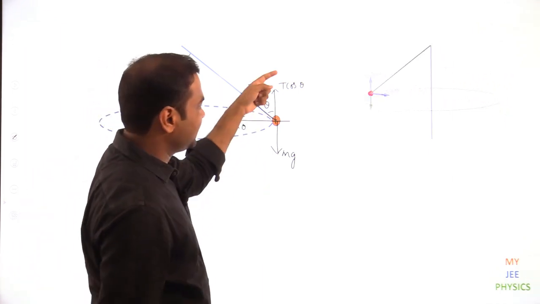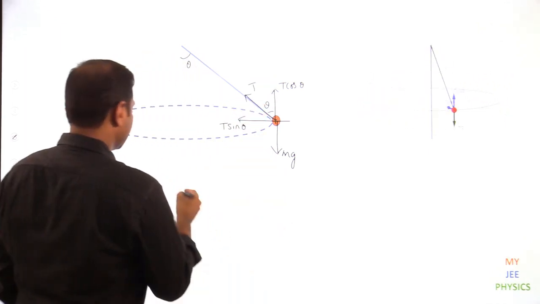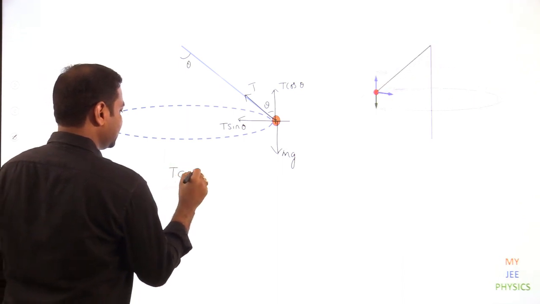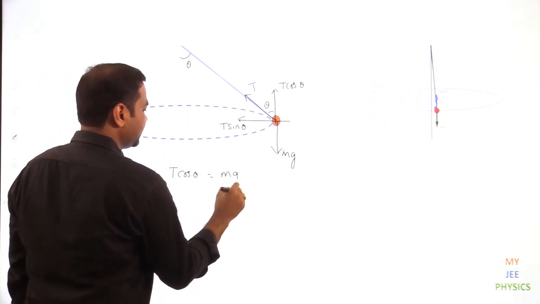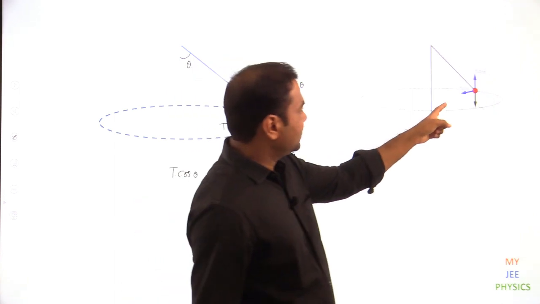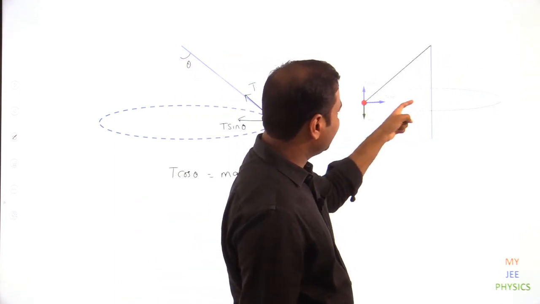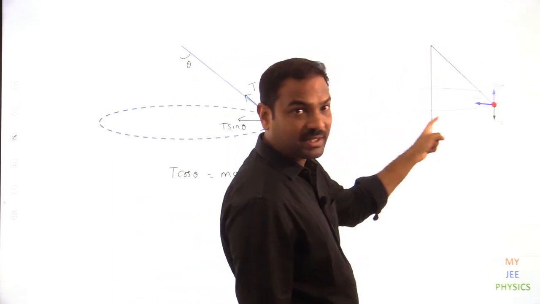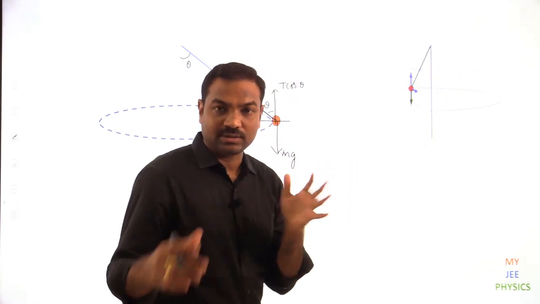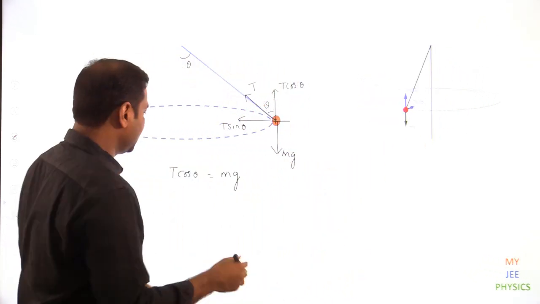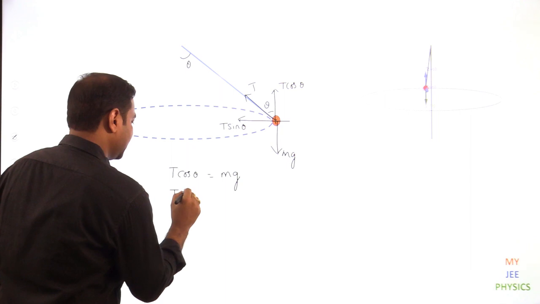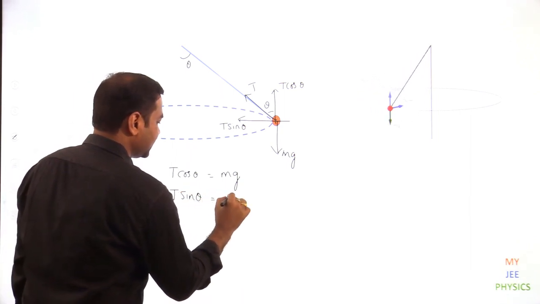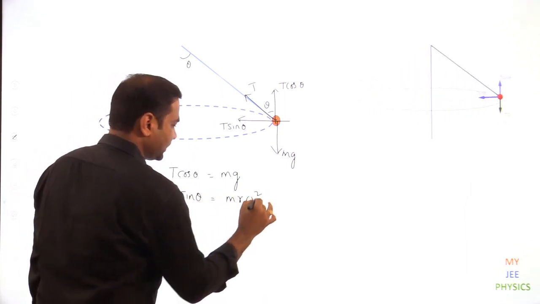Now we can understand that T cos theta and mg both cancel or balance each other, so T cos theta is equal to mg. And T sin theta is always acting towards the center, so that will act as the centripetal force. So T sin theta is the centripetal force, which I can write as m r omega square.